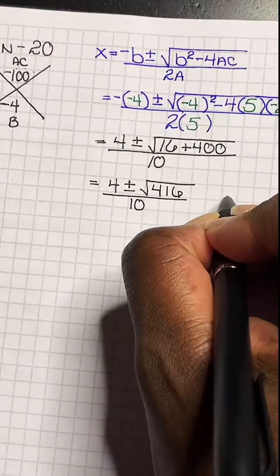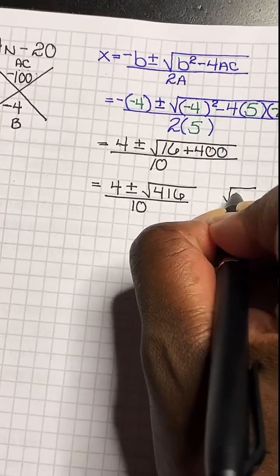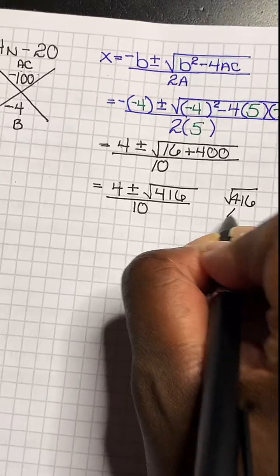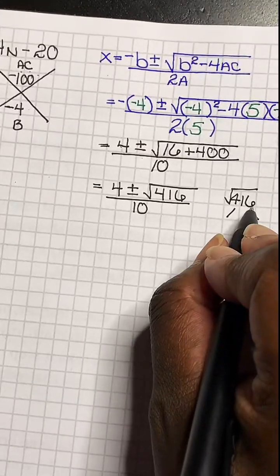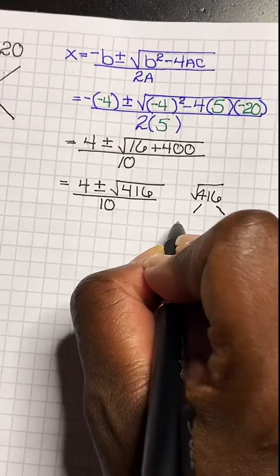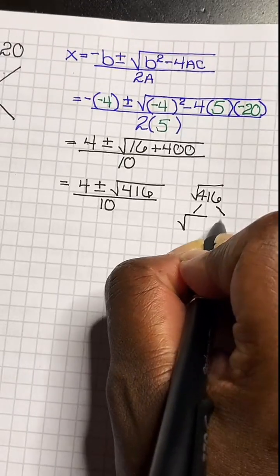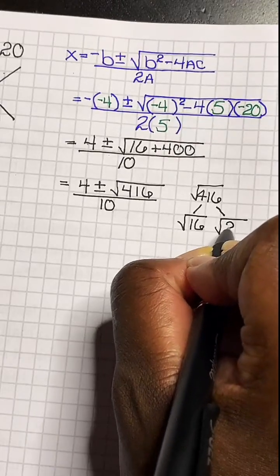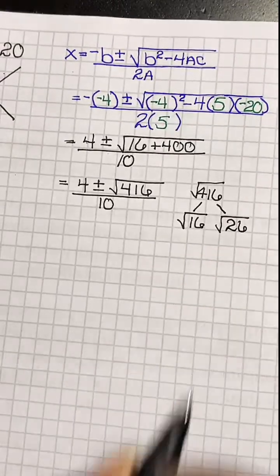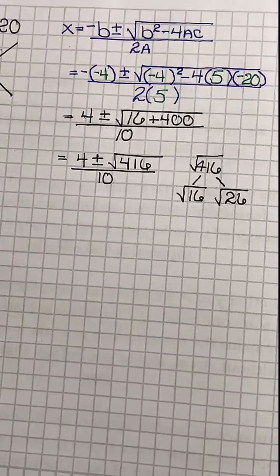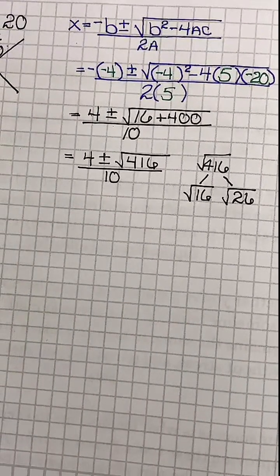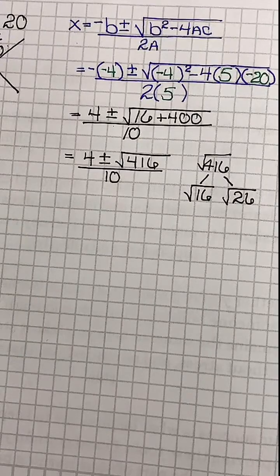So, square root of 416 can be broken down. Since it's an even number, I tried to fix up with my evens. And I know if I did 16, I would get 26 as a result. Now 26, that's going to be our perfect prime combination.